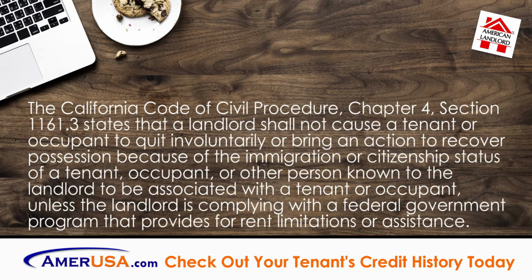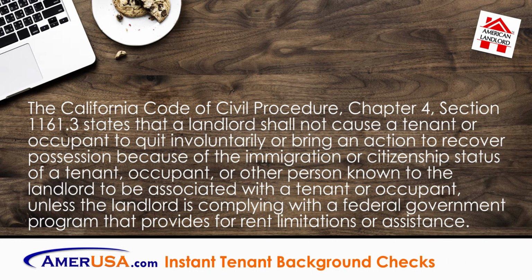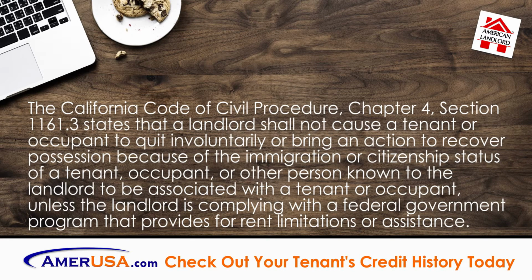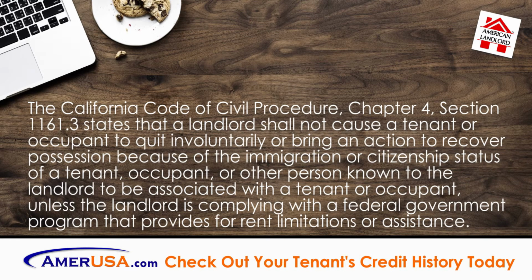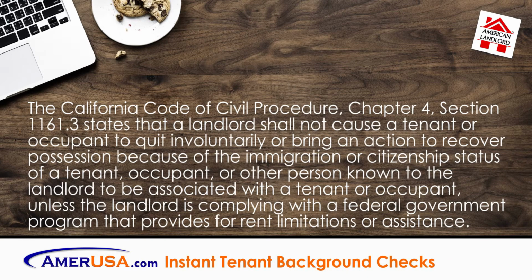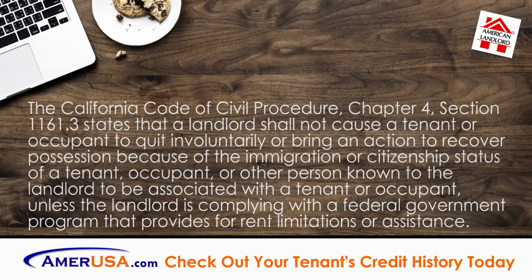The California Code of Civil Procedure, Chapter 4, Section 1161.3 states that a landlord shall not cause a tenant or occupant to quit involuntarily or bring an action to recover possession because of the immigration or citizenship status of a tenant, occupant, or other person known to the landlord to be associated with a tenant or occupant, unless the landlord is complying with a federal government program that provides for rent limitations or assistance.